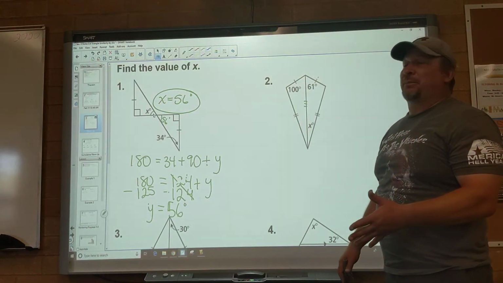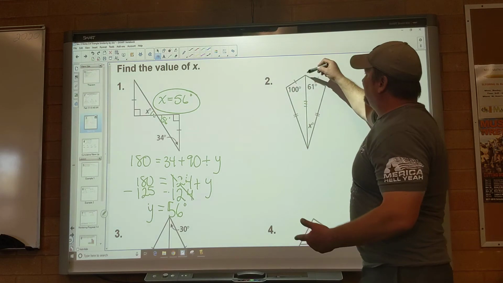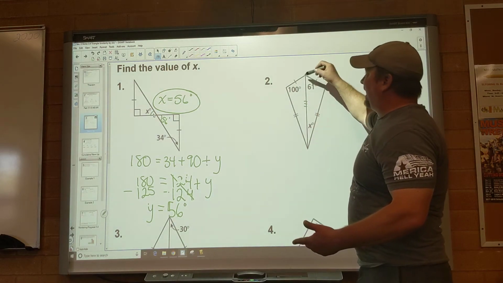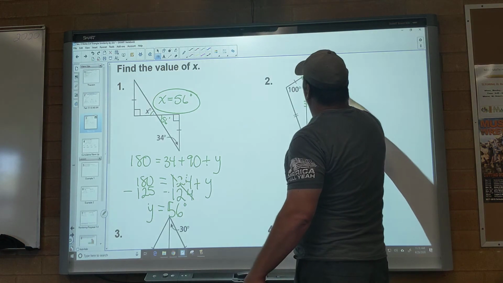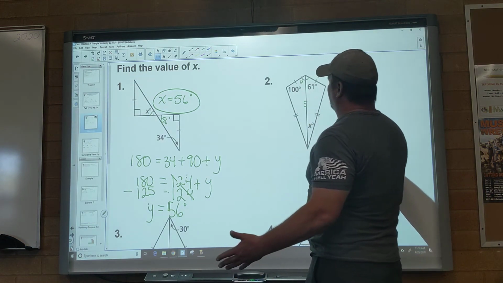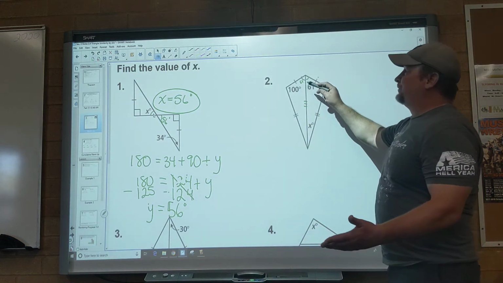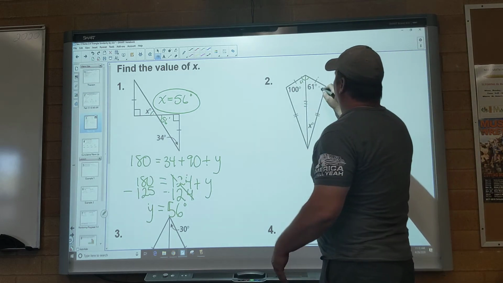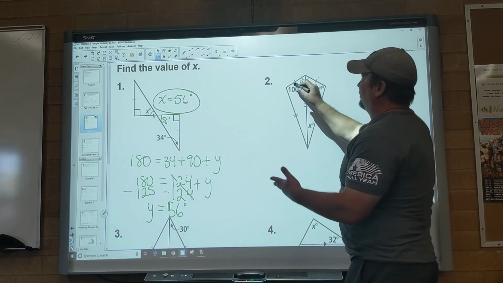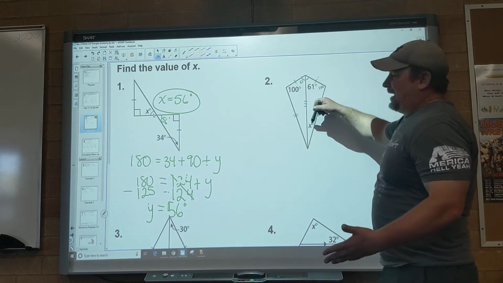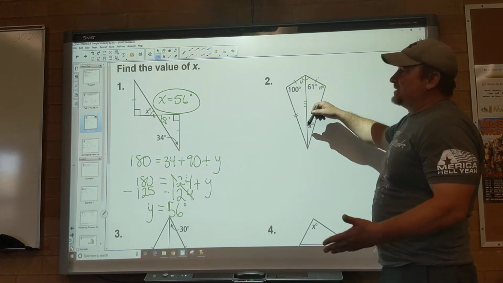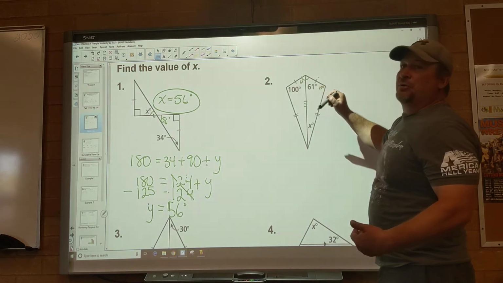Well, the moment you have congruent triangles, you have congruent angles. So the angles are going to match up, which tells me then that this line right here bisects these angles. So this one right here and this one right here are 61 apiece. And if that one's 61, well, then this one's got to be 100 because those would have to match up. And so if I have 61 and 100 and x, now I can go find, because all three of these have to add up to 180.